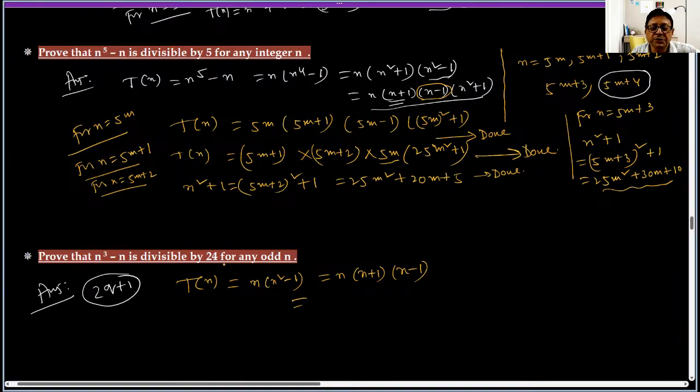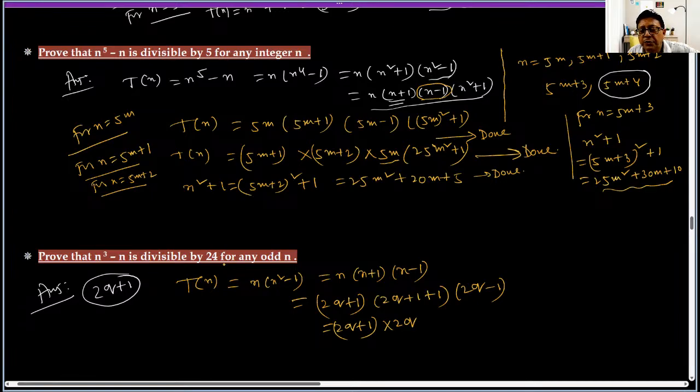Put n equal to 2q plus 1. This is going to be 2q plus 1, 2q plus 2, and then 2q. So this you can write 2q plus 1 into 2q into 2q minus 1. Clear?